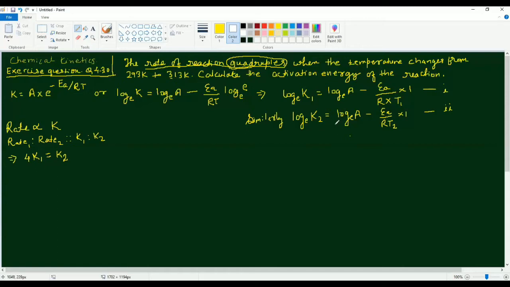So to get some value, the logarithmic value of which can be found out, we will subtract equation 1 from equation 2. Then this will get a negative sign, this will get a negative sign, this will get a positive sign.